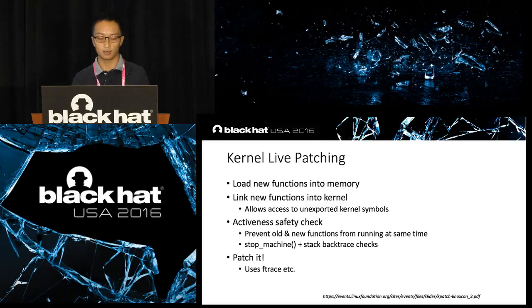Then they do the safety check. Sometimes they try to stop the world and see whether the stack contains the old function. If the stack contains the old function, they will not replace it, because it's pretty dangerous to have two copies of the function, one old and one new, in the same call stack. That's a different context. If they can check that there's a clean stack and no calls to the old function, they will replace it, hooking the old function to the new function.